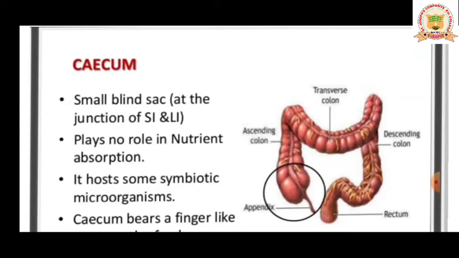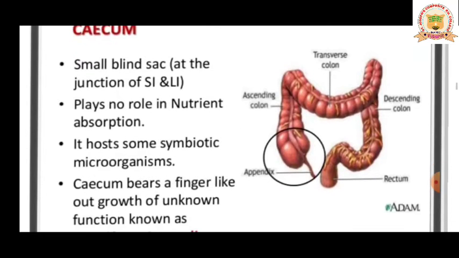It starts from the junction of the small intestine and the large intestine, and plays an important role in nutrient absorption. The cecum is a small, sac-like structure which hosts, that is, contains, some symbiotic microorganisms.